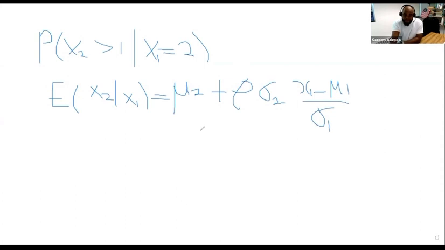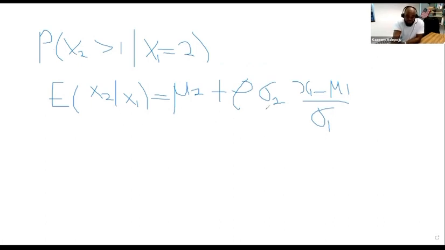You remember? I'm recalling this from the conditional distribution that I derived the other time. So this is the conditional mean of x2 given x1. Don't forget why I want to use this: because they asked me to find the probability of x2 greater than something given x1, which means I'm basically going to be using the conditional function.